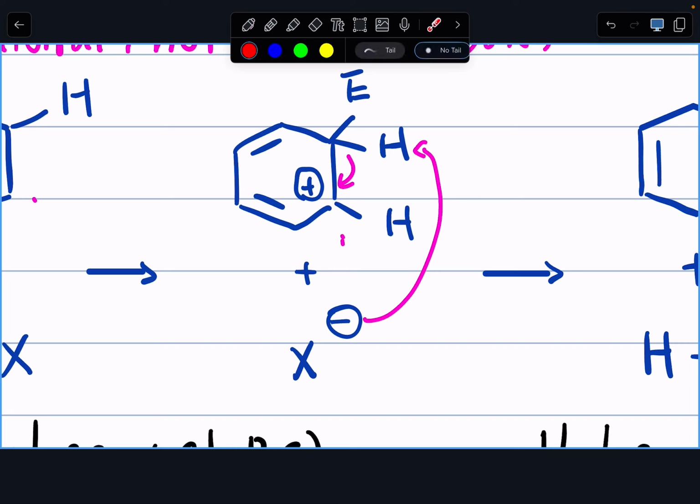For example, in this case, what is happening? Looking at the electron pushing, electrons in my X are forming a new bond with the hydrogen here. But then my hydrogen will have too many things bonded to it, right? It only wants to form one bond.